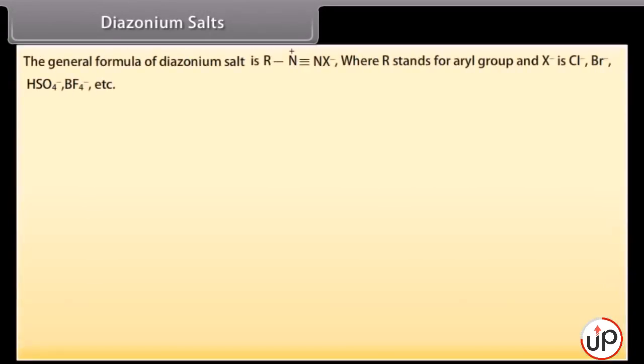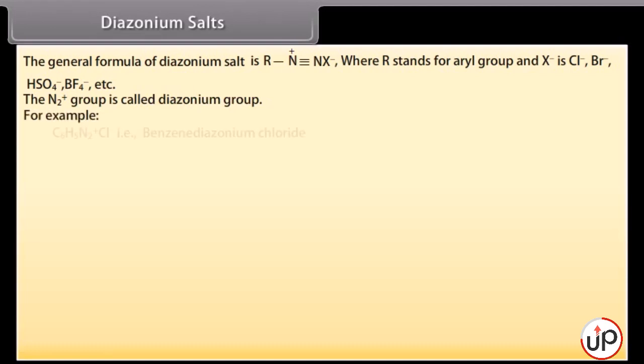Diazonium salts. The general formula of diazonium salt is RN2+ X-, where R stands for aryl group and X- is chloride ion, bromide ion, hydrogen sulfate ion, tetrafluoroborate ion. The N2+ group is called diazonium group.